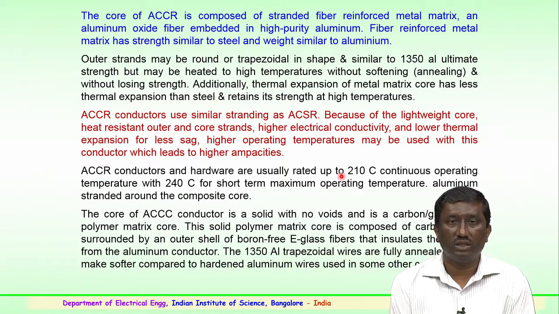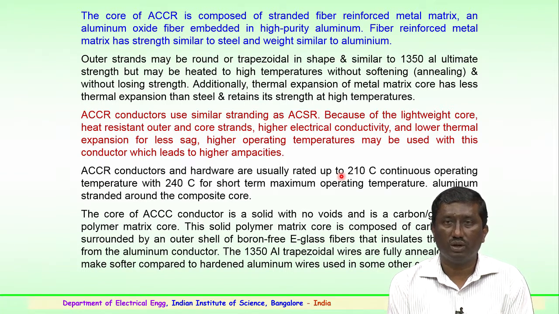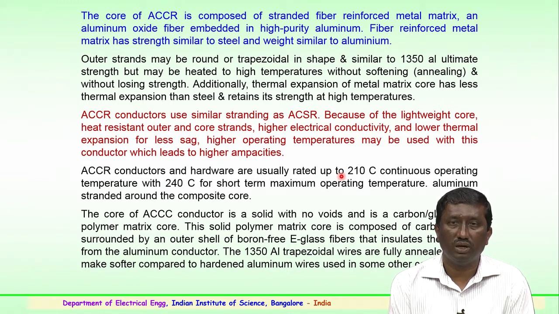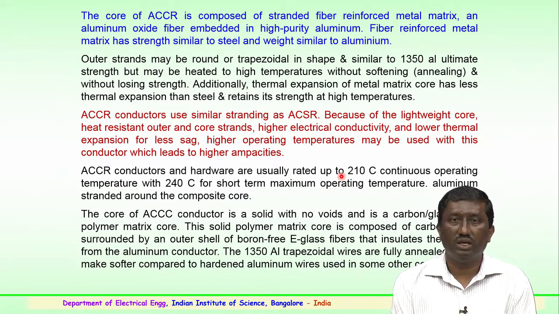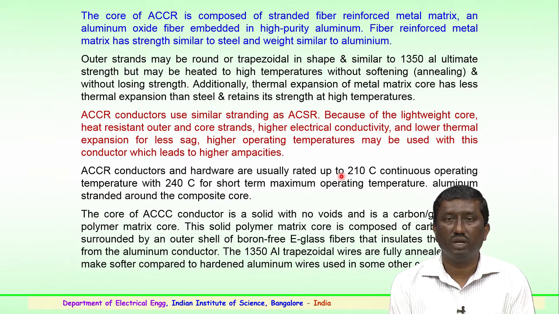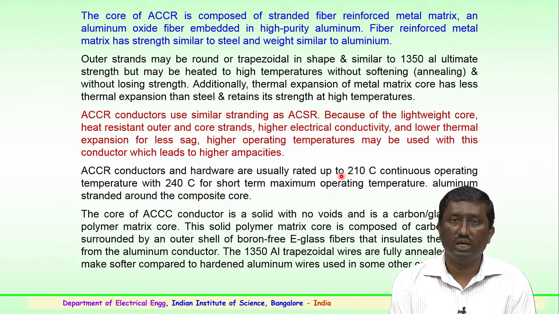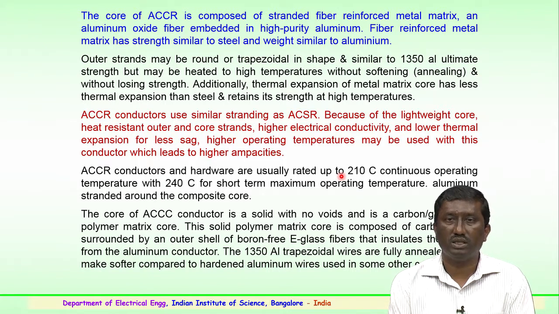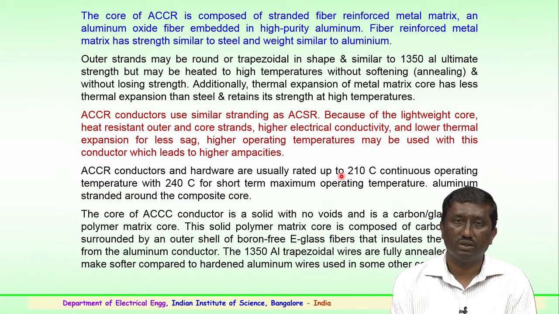The outer strands could be round or trapezoidal in shape, and they are similar to the 1350 aluminum. Ultimate strength may be heated to high temperatures without softening, that is annealing, and without losing strength. Additionally, the metal matrix core has less thermal expansion than steel, retains its strength at very high temperatures and operates at very high temperatures.